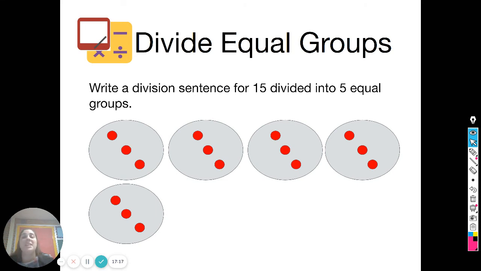Same picture, but now I want you to write a division sentence for 15 divided into 5 equal groups. So blank divided by blank equals blank. Go ahead on your whiteboards. Division sentence for 15 divided into 5 equal groups.